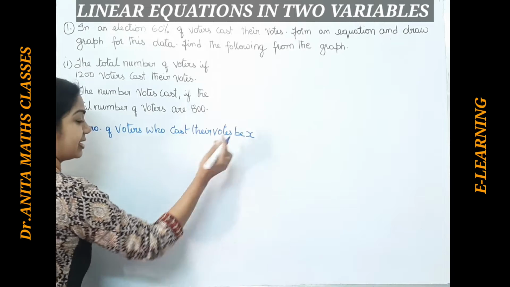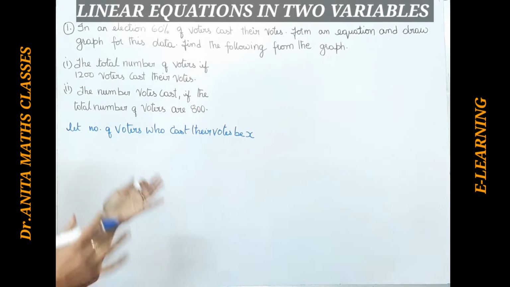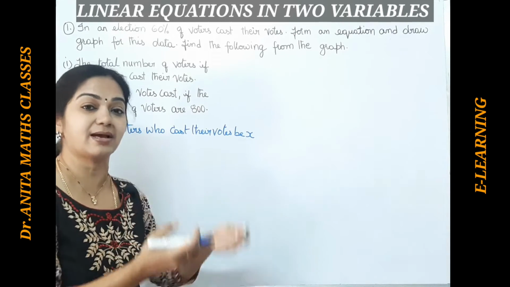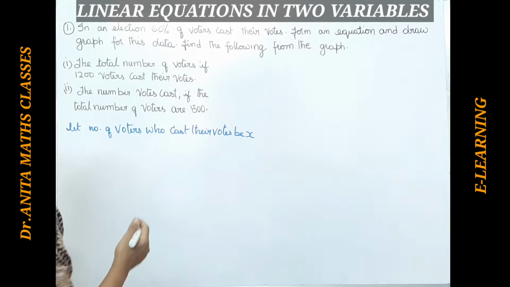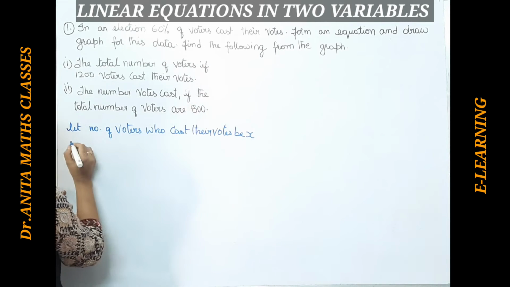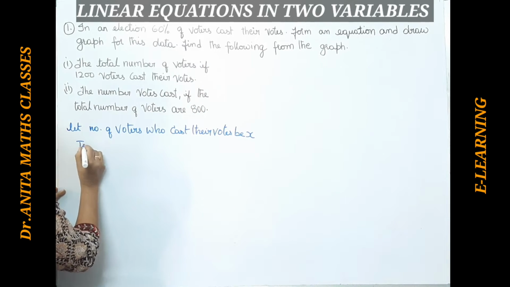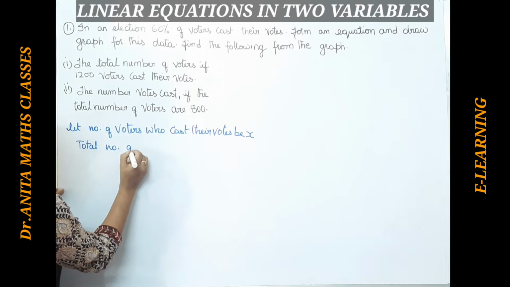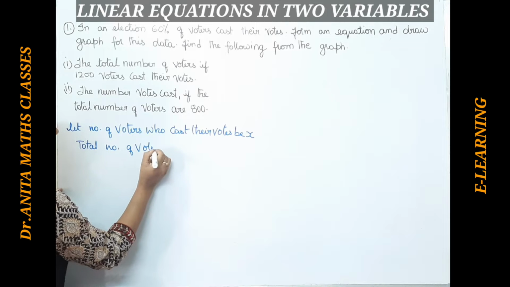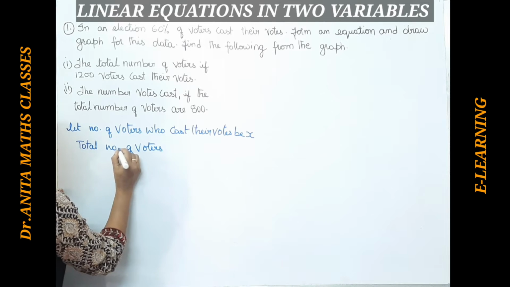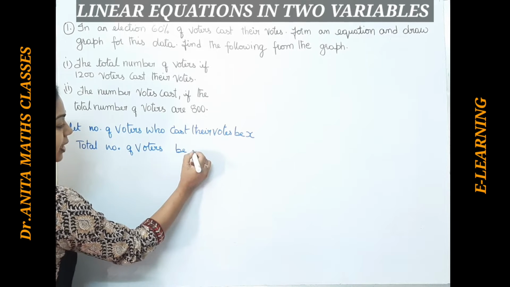I'll suppose this as one variable x. That means the number of voters who had cast their votes be x. And the total number of voters, we will suppose this as y. Total number of voters be y.